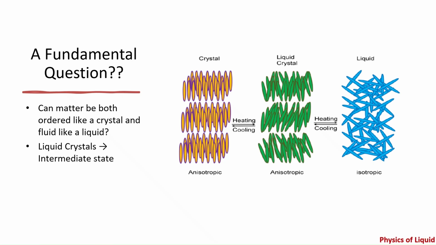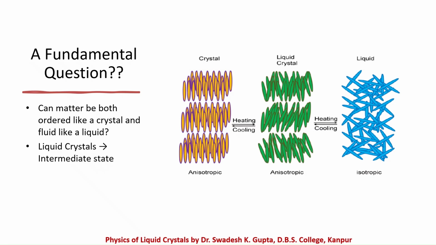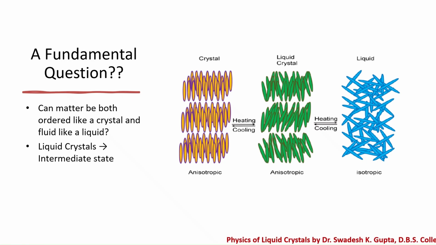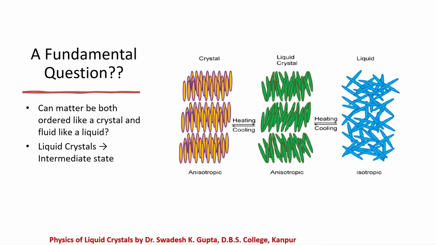Now there are different types of liquid crystals, but the most commonly used are nematic liquid crystals, smectic liquid crystals and cholesteric liquid crystals. All these have different arrangements of molecules which lead to different behavior and different applications.